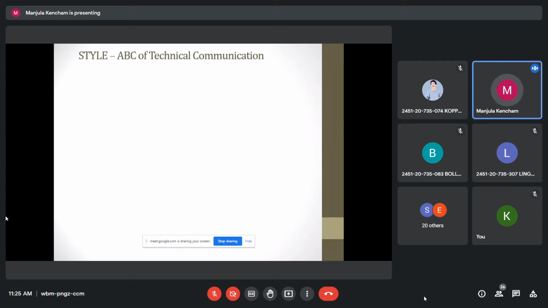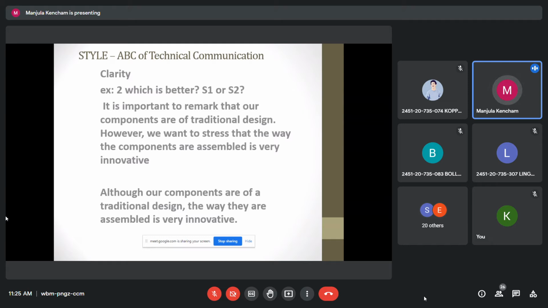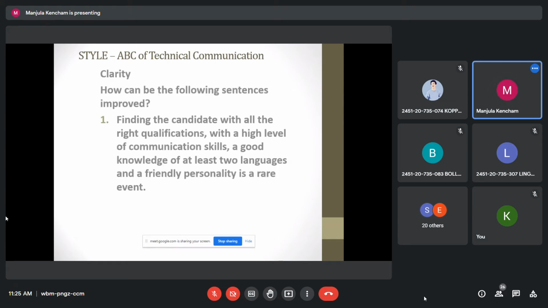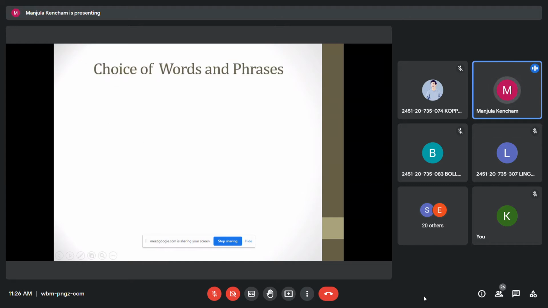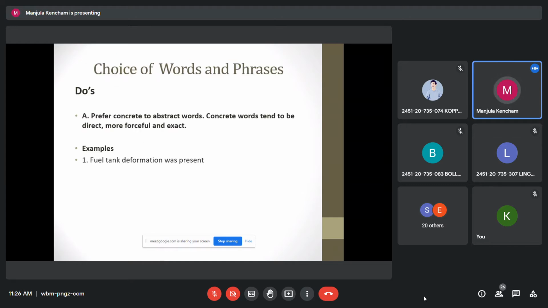So we have discussed all this during our classroom sessions with you people, maybe online, one class or two classes, after which we started meeting personally. Clarity. These are all the examples related to that. What to do in order to attain clarity or brevity, precision, etc. What not to do.